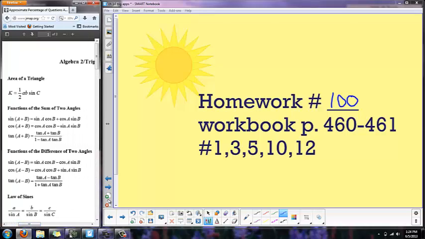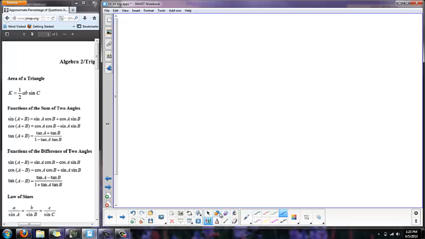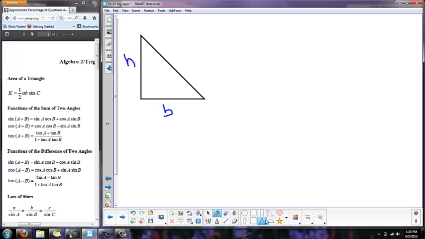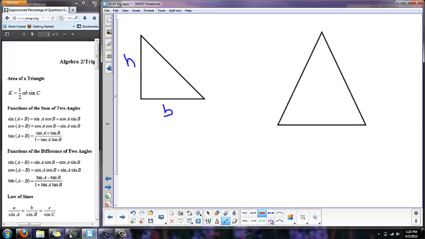I learned that in probably like middle school. Except for the fact that the area of a right triangle like that was really easy because it was 1/2 base times height. But if you had a triangle like this and you weren't given this height right here, then it was a pain, and it was always really hard to figure out what the height of that triangle was because you had to use this value for the height, and that was the base.